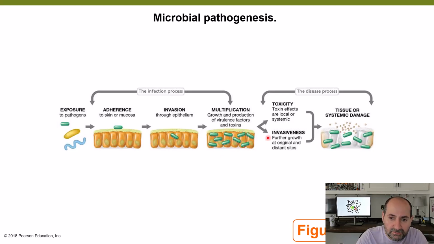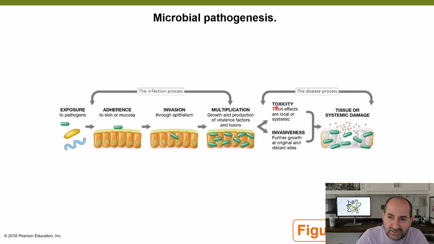Spreading further means invasiveness. This means that it can spread further from the original site and travel to distant sites, possibly even through the blood vessels or the circulatory system. And this is when the damage can go systemic. This is where systemic damage occurs throughout the body.